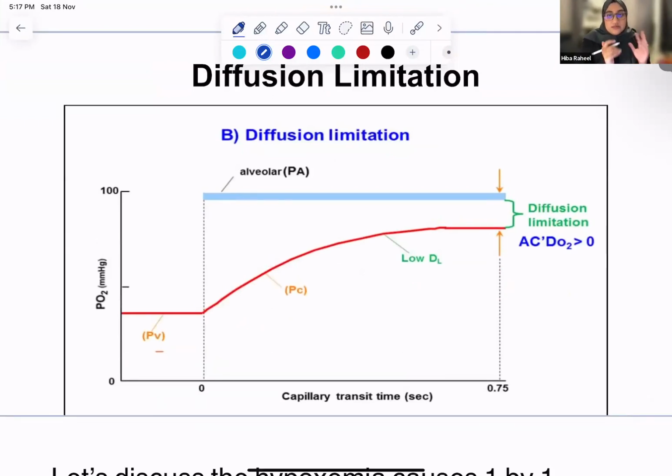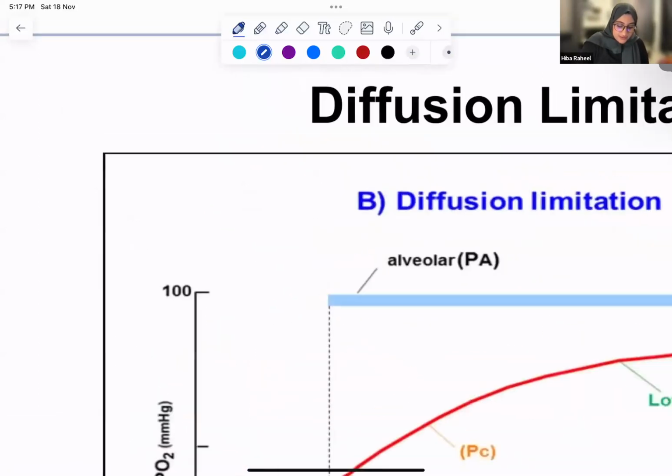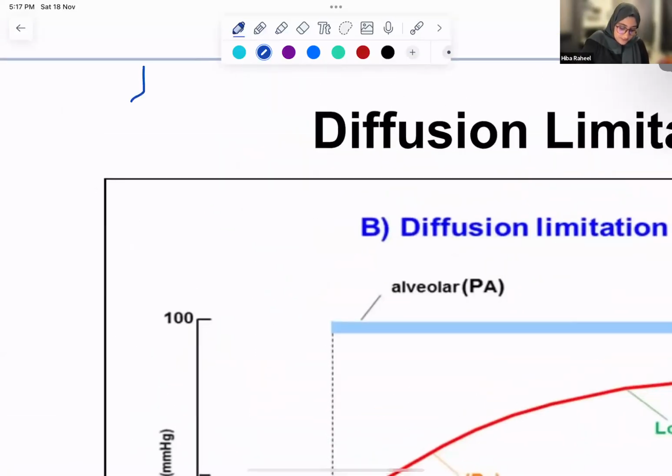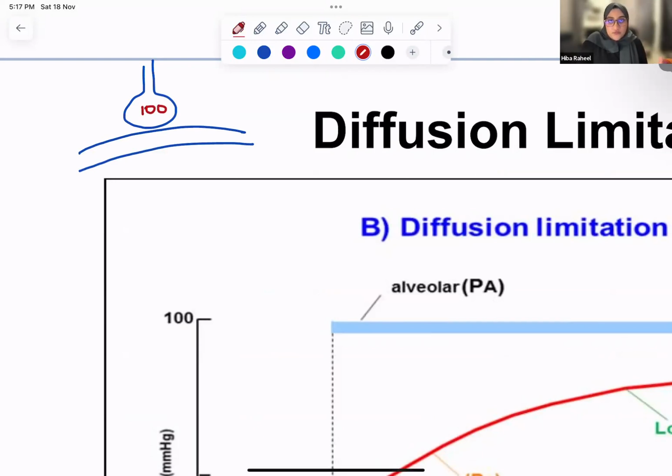What is supposed to happen is this: this is the alveoli, and this is your blood vessel. If there is 100 millimeters of mercury of oxygen in the alveoli, the same amount of oxygen should be present in the blood vessel, in the capillary, right?